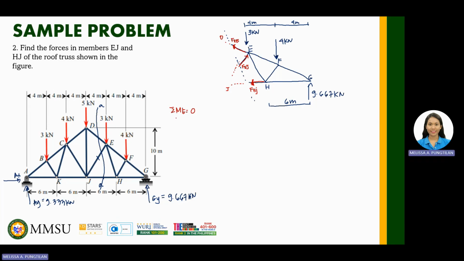So, FHJ multiplied by, okay, so kailangan natin dito ng distance, no? Distance. Okay, based on our illustration, 10 meters. Okay, so ito yung hinahanap kasi nating distance, guys. Ito.